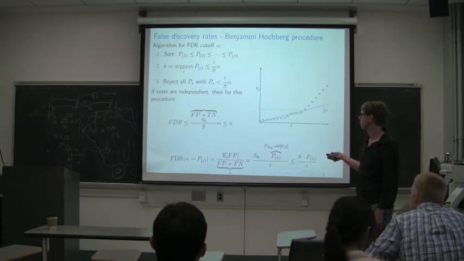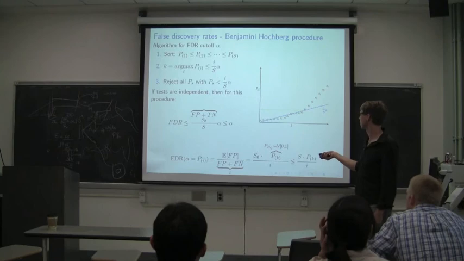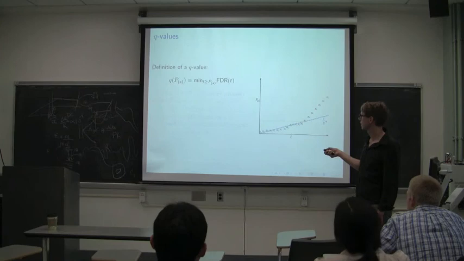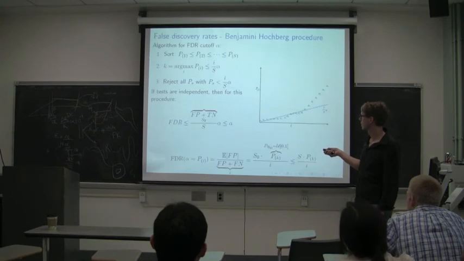This is basically already the intuitive proof that this bounds the false discovery rate, where the false positives plus the true negatives is S0.